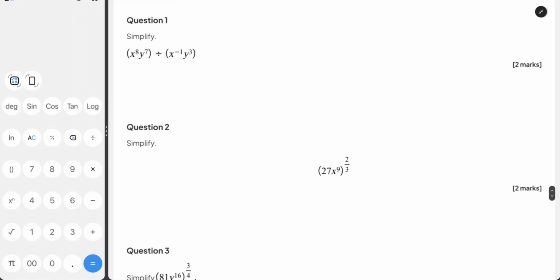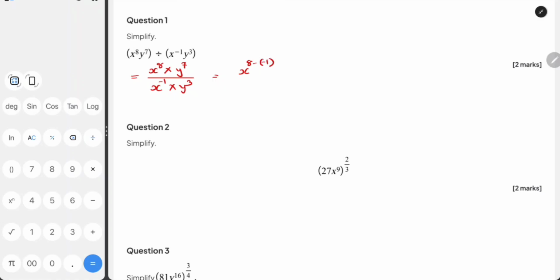Yeah, see the first question. It's given x raised to 8 times y raised to 7 divided by, so I'm writing in the fraction, x raised to minus 1 into y raised to 3. Now in division, you subtract the powers of the same base, right? So let's subtract powers of x: 8 minus minus 1, because in denominator the power is negative 1.